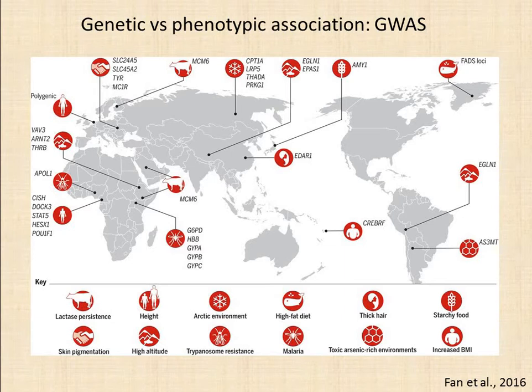This is a review of all the GWAS that have been done in humans so far for different traits and for local adaptation, actually. So, for example, local adaptation to fish diet in the northern hemisphere, which means some adaptation of metabolism, or adaptation to UV exposure, like in Africa, and stuff like that, or lactose intolerance, these kinds of things.